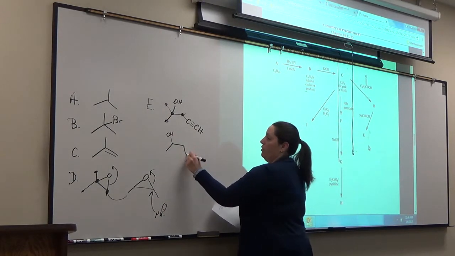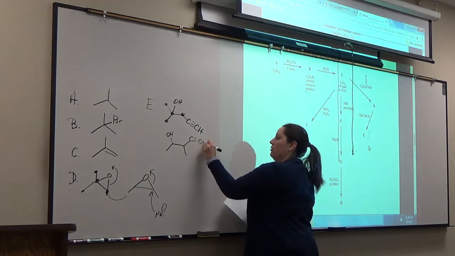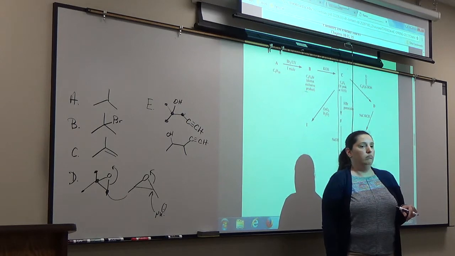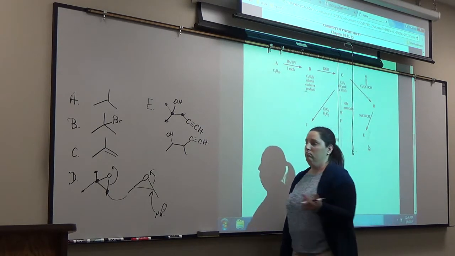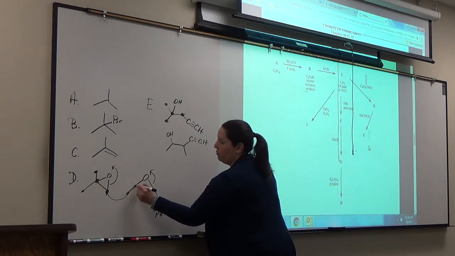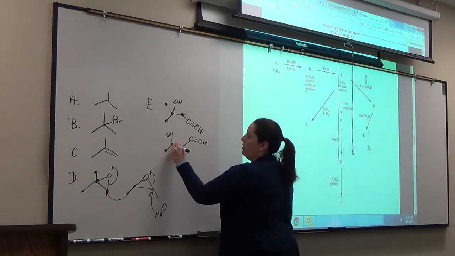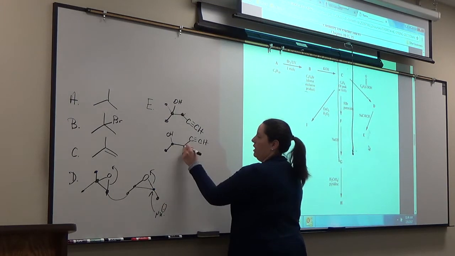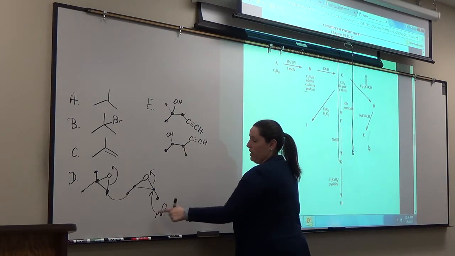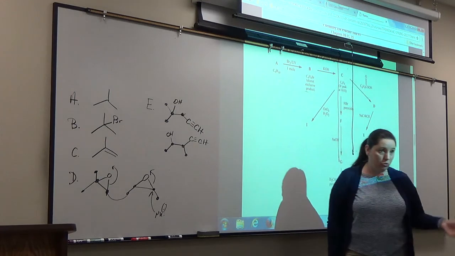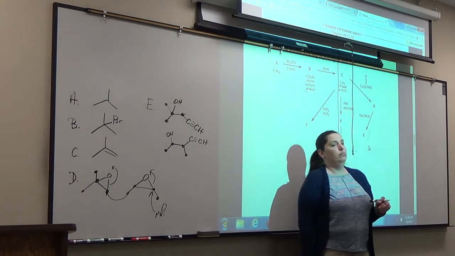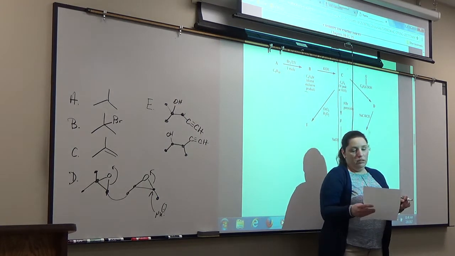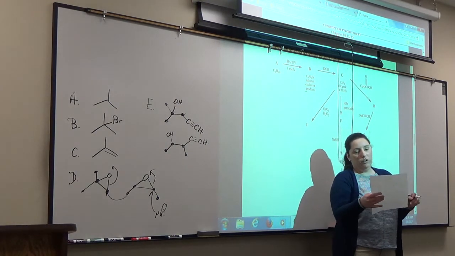But then you would have a methyl again, and then the new thing. Does that make sense? So again, you can just make sure you got all the carbons, right? Methyl, main carbon with the OH, right? And then other carbon and methyl. And then again, the nucleophile happens to have 2 carbons. Does that make sense how to do these? So that's E, so now let's go to F.